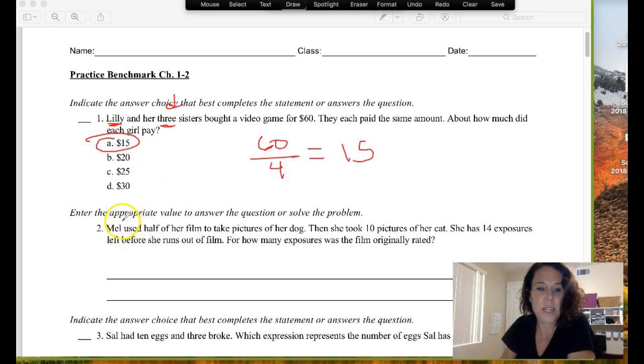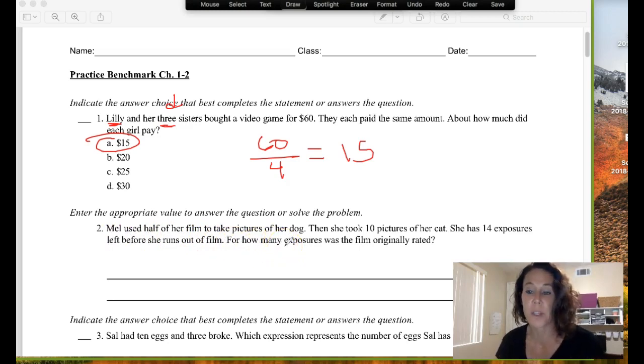All right, let's look at the next one. Mel used half of her film to take pictures of her dog. Then she took 10 pictures of her cat. She has 14 exposures left before she runs out of film. For how many exposures was the film originally rated? So this is a word problem, and we can think of lots of ways to do this.